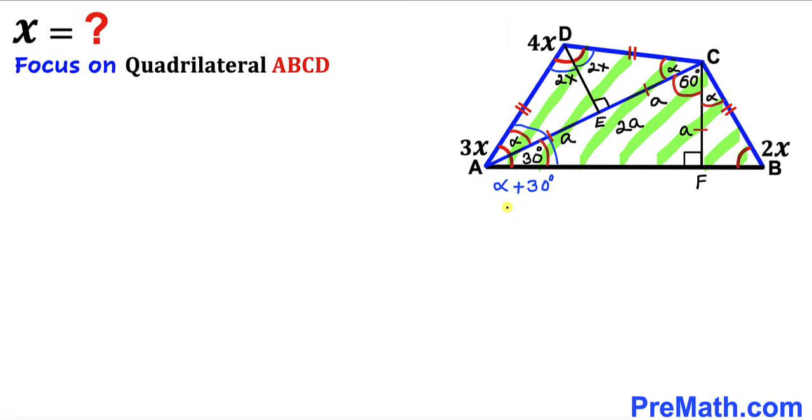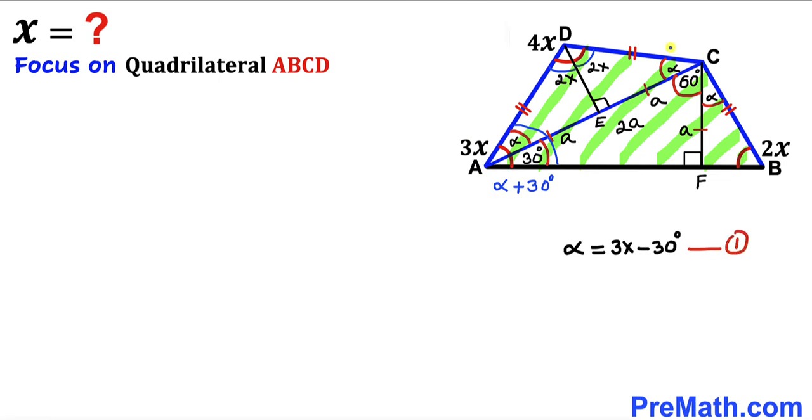So we can write alpha plus 30 degrees is equal to 3x. Let's move this 30 degrees to the other side. So alpha is going to be equal to 3x minus 30 degrees. I'm going to label this as our equation number 1.